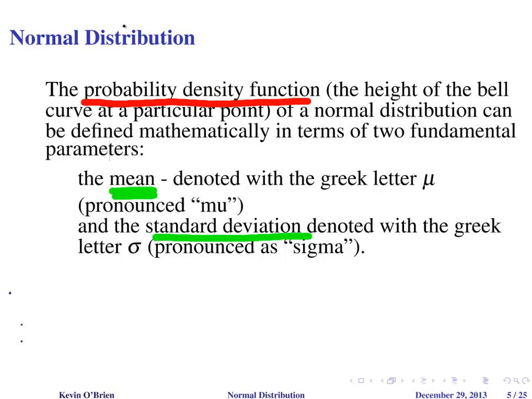These are denoted with the Greek letters mu and sigma. It's really useful to get used to those, and you would reference them as mu and sigma.